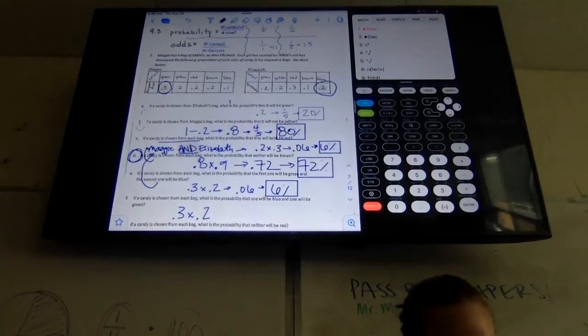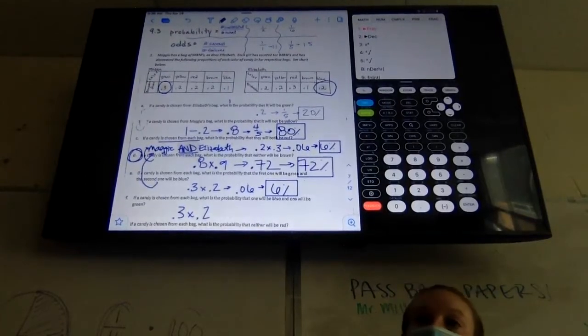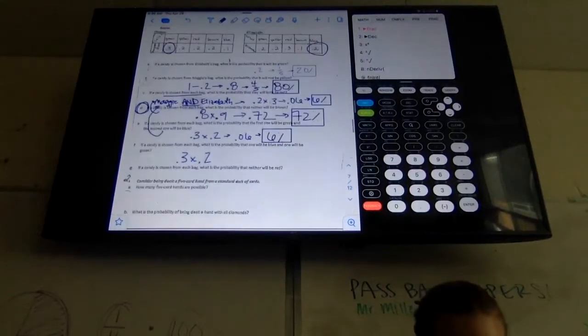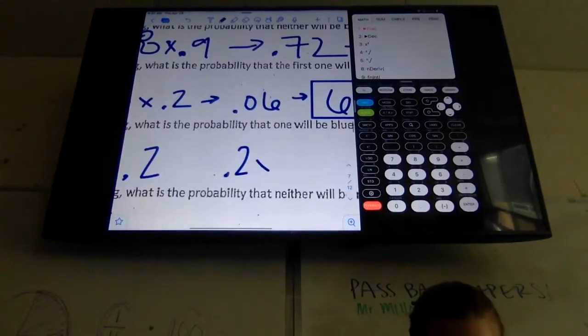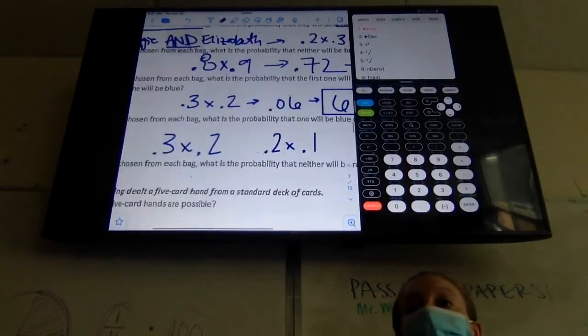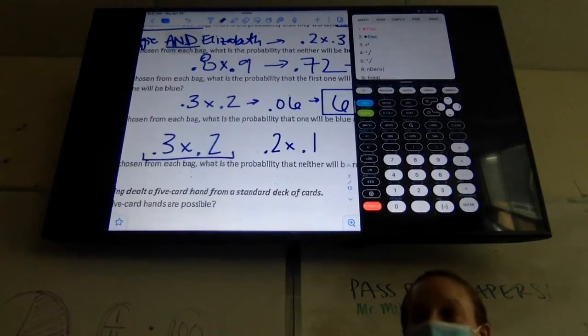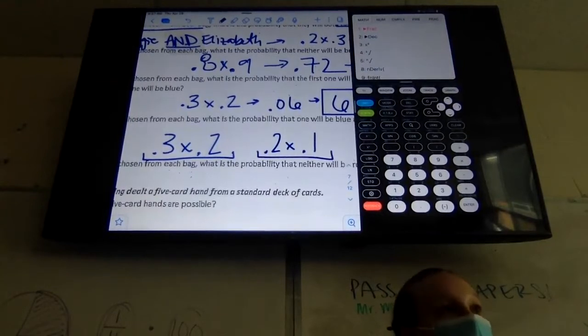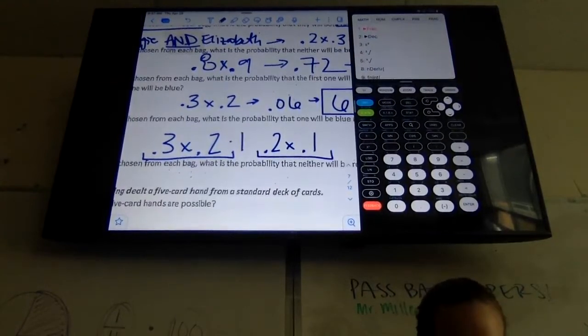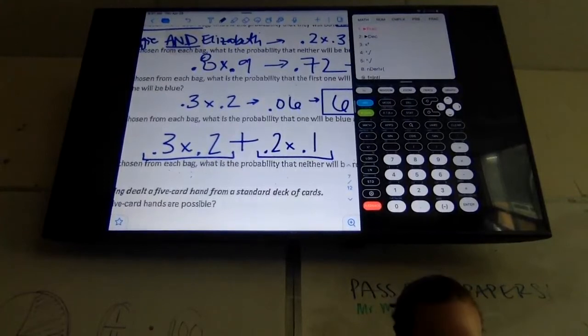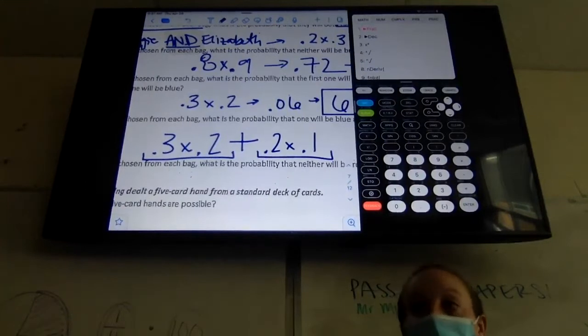And what about blue from Maggie? 0.1. So I'm going to do 0.2 times 0.1. These are two different situations: one with Maggie first and Elizabeth second, one with Elizabeth first and Maggie second. I'm going to add those two numbers together. So I'm doing 0.3 times 0.2 added to 0.2 times 0.1.